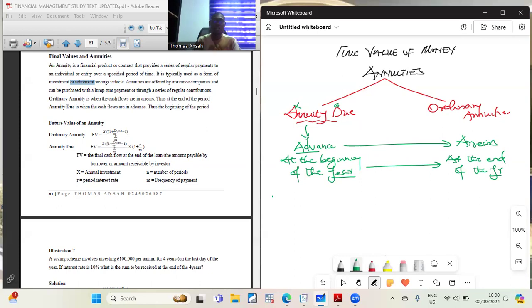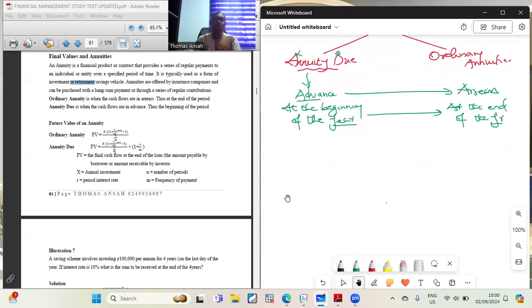So it is the timing of the deposit or the savings that determines whether it is an annuity due or an ordinary annuity. Annuity due, AD, means advance. That's just a simple way of trying to remember which one is which.